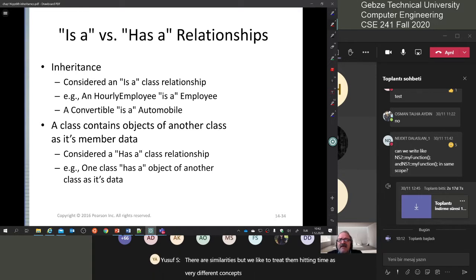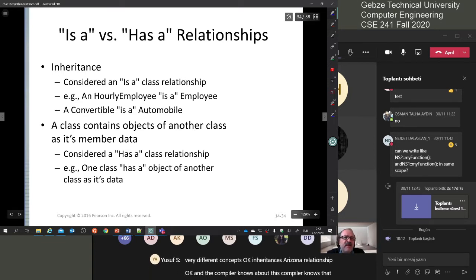Inheritance is an ISA relationship, and the compiler knows about this.